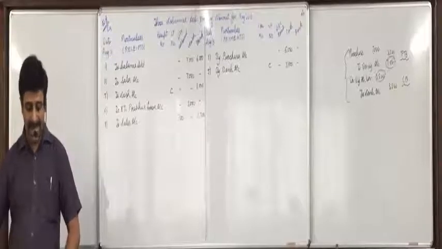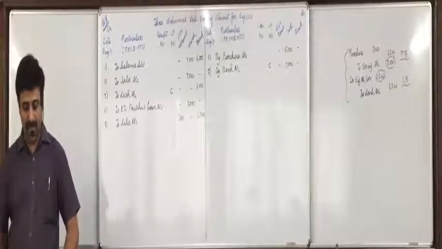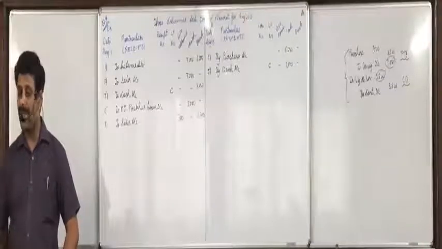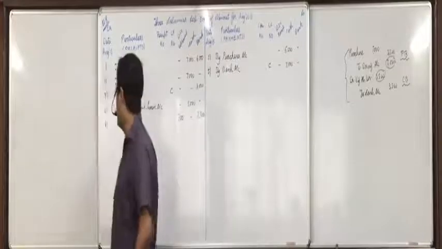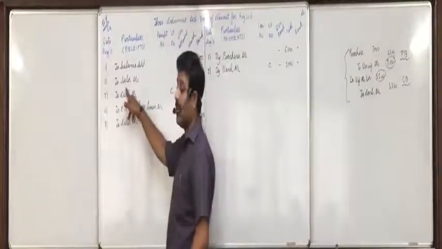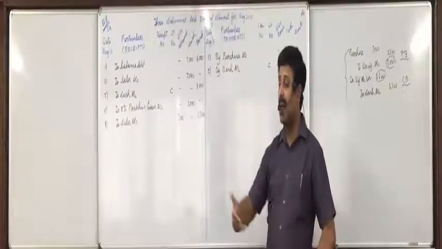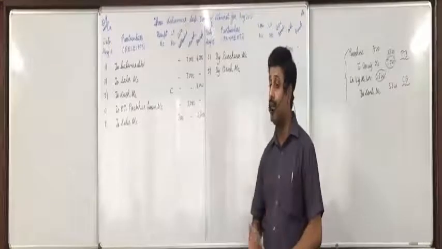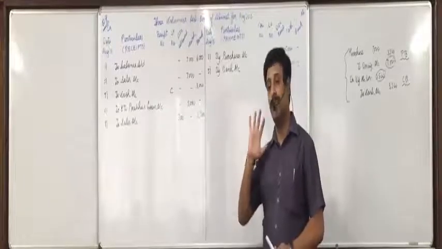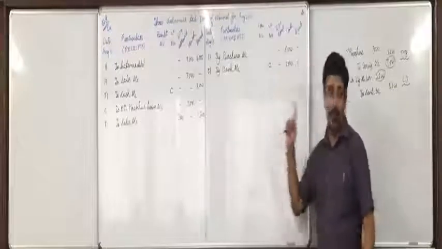In bracket mention that instead of purchase account or sales account. Okay? So like normally we do, when goods are sold we write sales account, when goods are purchased we write purchase account. But when there is partly cash, partly credit transaction, then instead of writing sales account or purchase account, you will write the name of the person. Remember this shortcut.